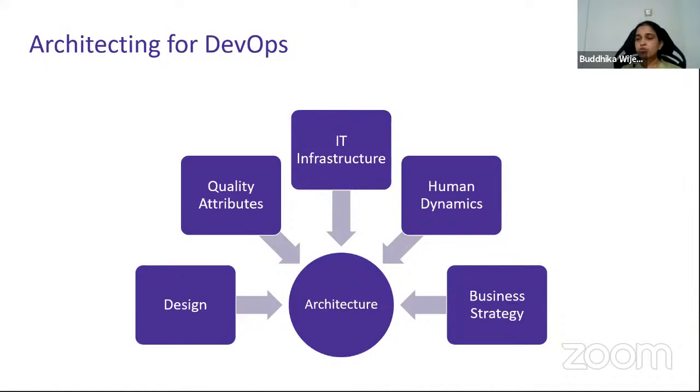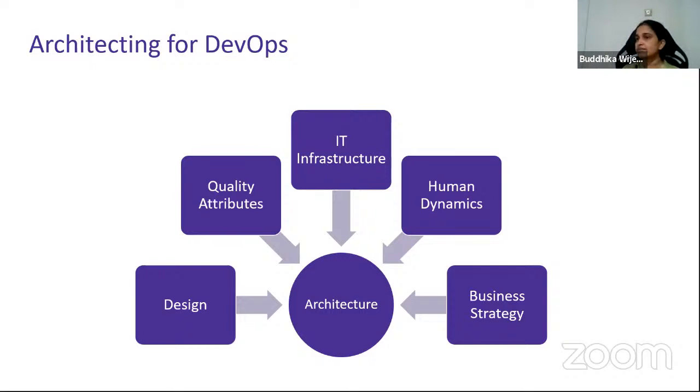Okay, so discussing the architectural decisions, there are several factors that contribute to architectural decisions. We have the business domain, the product design, which definitely provides input to the architecture. And then we have quality attributes. Depending on the non-functional requirements, we have to define the quality attributes that our product architecture has.